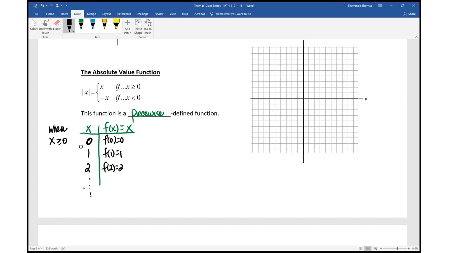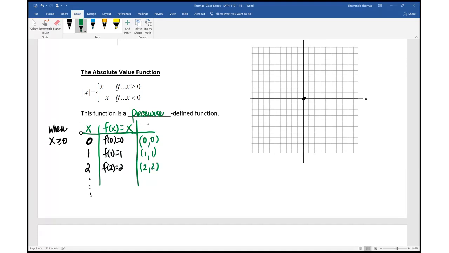So we're plotting this side, when the x's are greater than or equal to 0. All right, so we get 0, 0. You want to write this as points: 0, 0, 1, 1, 2, 2.